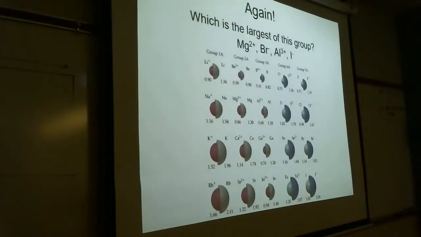So now we're just deciding between the two anions, which one's going to be the biggest. Well, iodide ions are down here, whereas bromide is down here. Iodide's the biggest, 206. Do we see how we came to this conclusion?